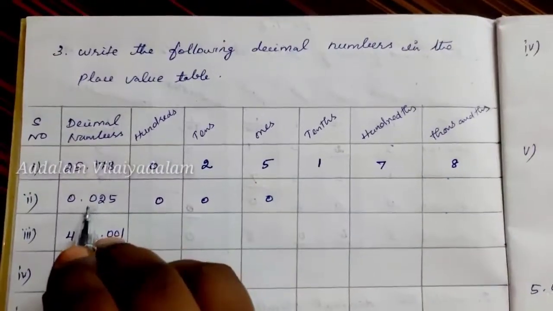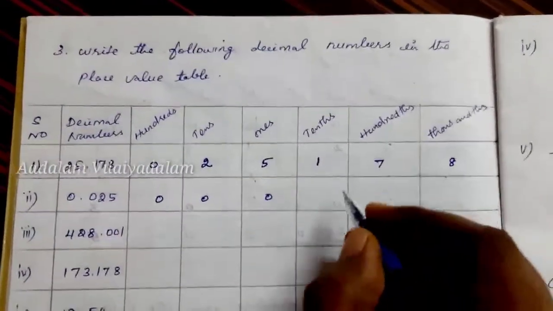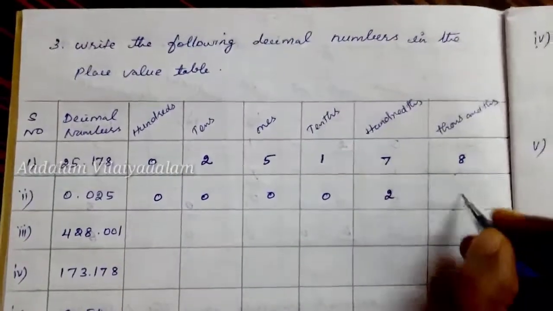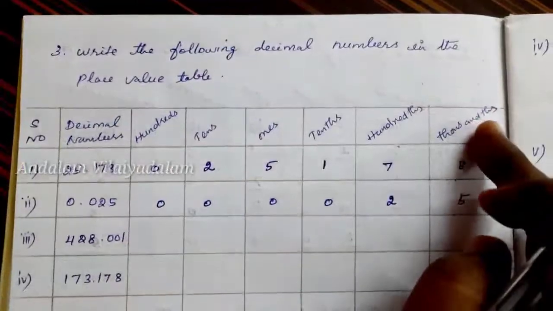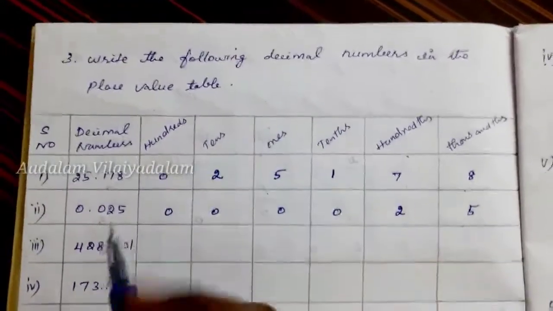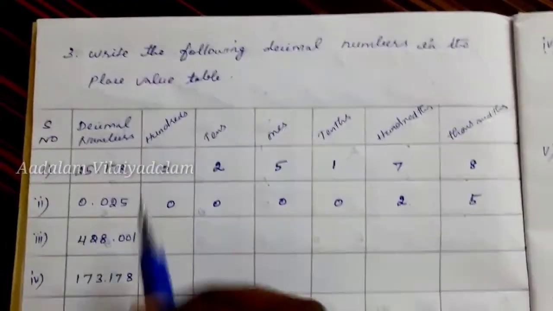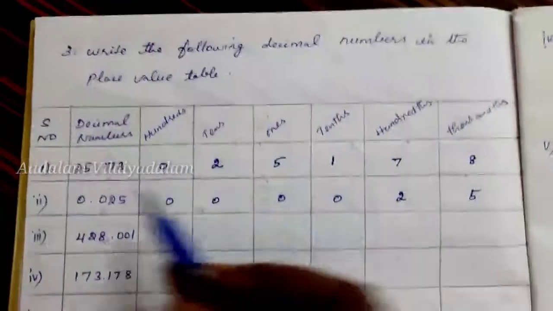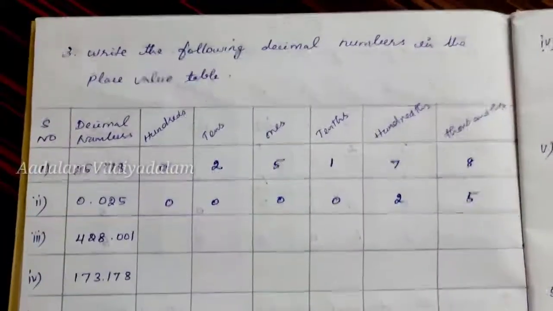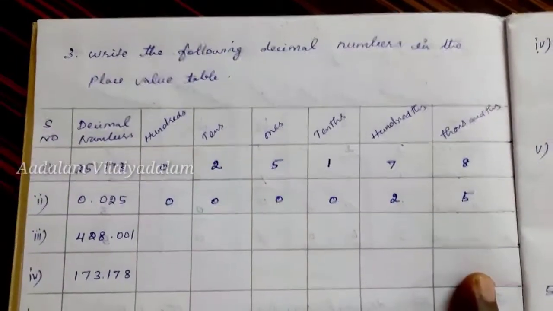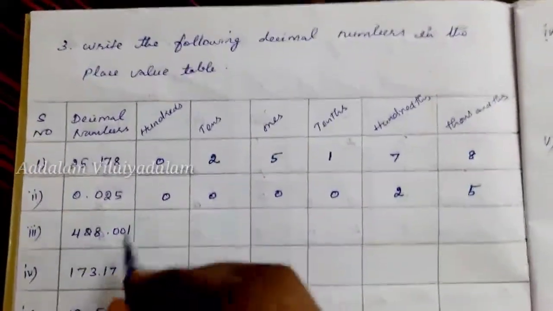So the remaining fractional part is 0, 2, 5. So here I have written it in the correct order using the decimal numbers, and looking at those place values I have drawn the table. So you just follow the table and construct it.